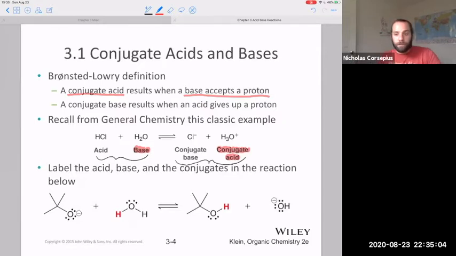So you don't want to think of acids and bases as being these ironclad categories in your mind. You want to think about them as being roles that molecules are playing in a reaction. Who is playing the role of the acid donating the proton? Who's playing the role of the base accepting the proton, okay?